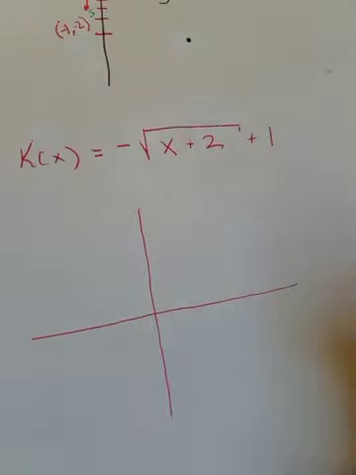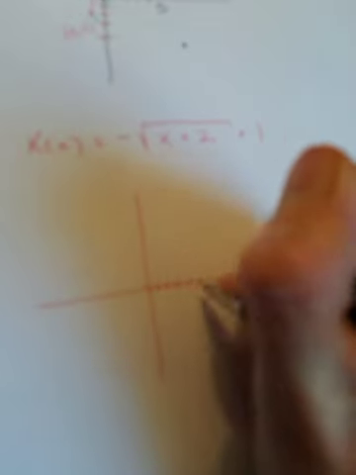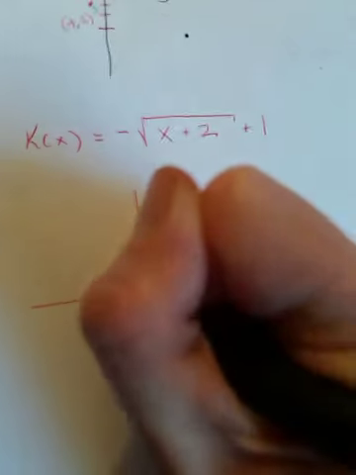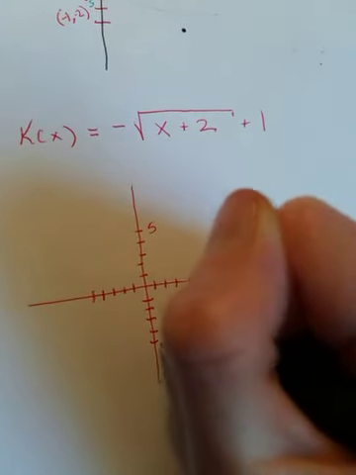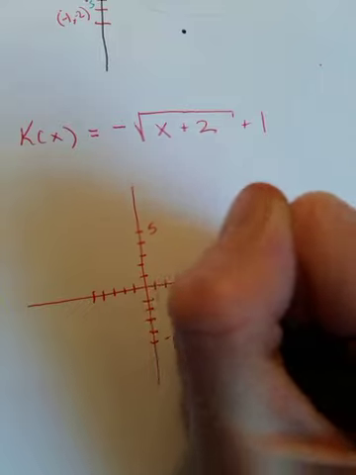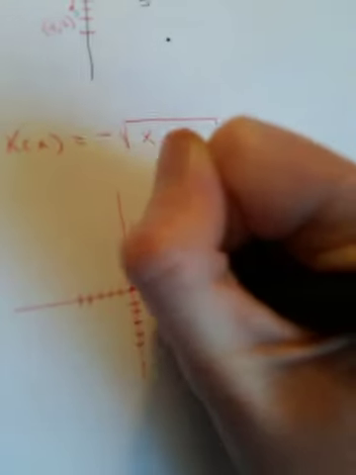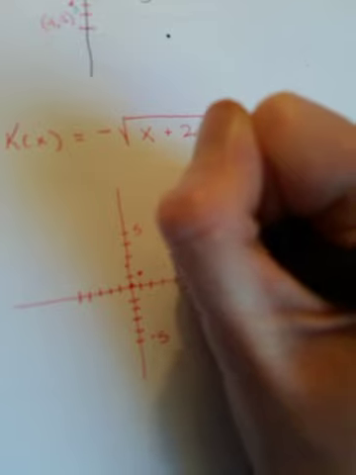Notice I don't give you very large numbers here because there's really no need to make the graph go off of our grid and get ridiculous. So the parent function is (0, 0), (1, 1), and (4, 2).